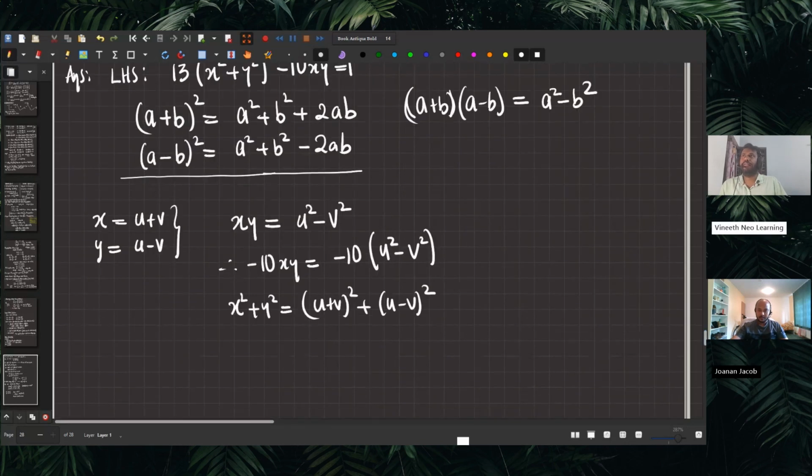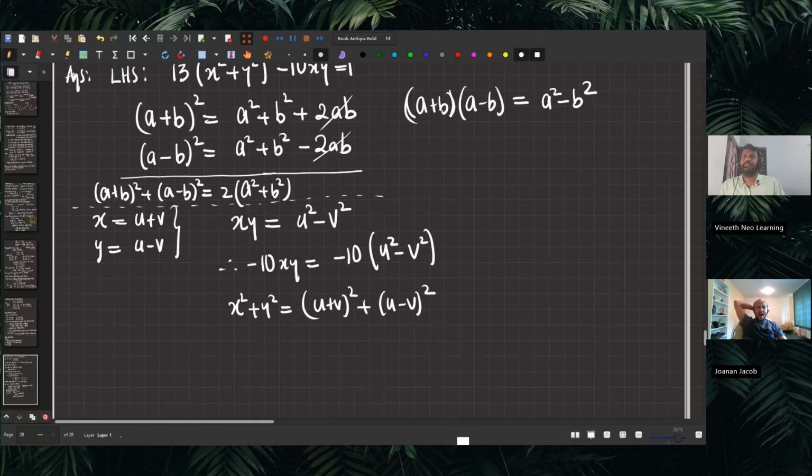We know that a plus b whole squared plus a minus b whole squared will be, these two terms will get cancelled, 2 times a squared plus b squared.